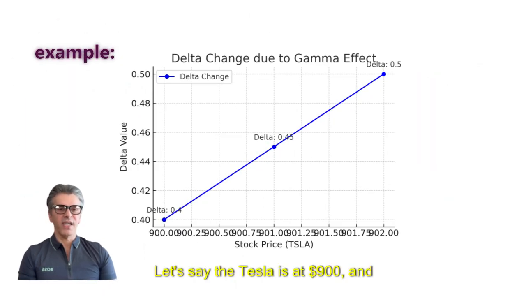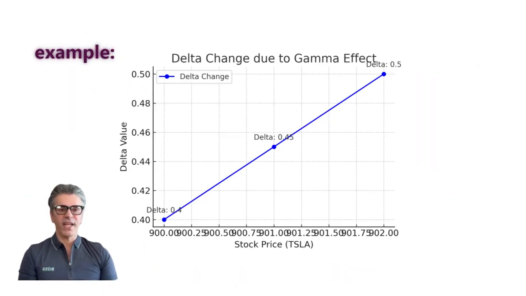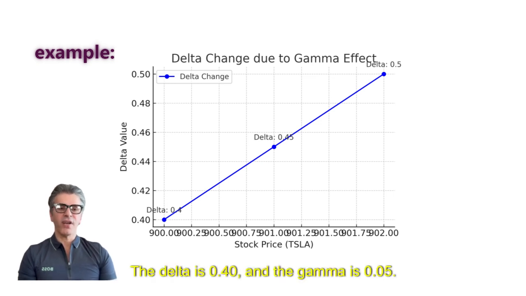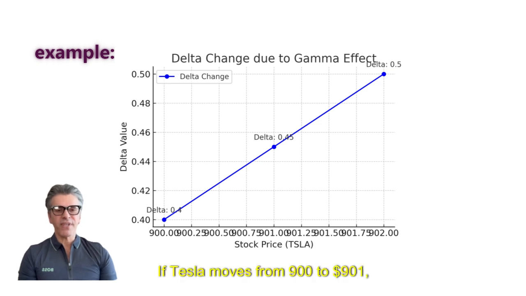Let's say Tesla is at $900 and you buy a call with a strike price of $920. The delta is 0.40 and the gamma is 0.05. If Tesla moves from $900 to $901, the delta increases to 45 cents.